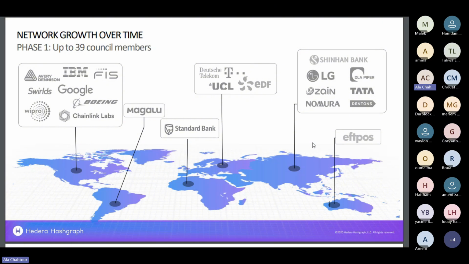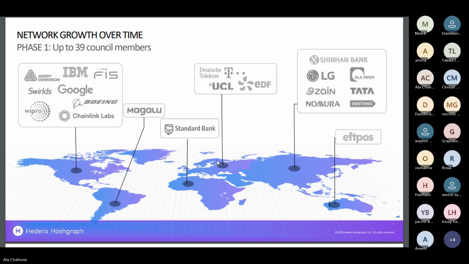Also, as you can see, these are the current validators. This is phase one, the current phase that we are living now. Hedera has 39 council members for now, located all around the globe: from America to Africa to Asia and Europe.